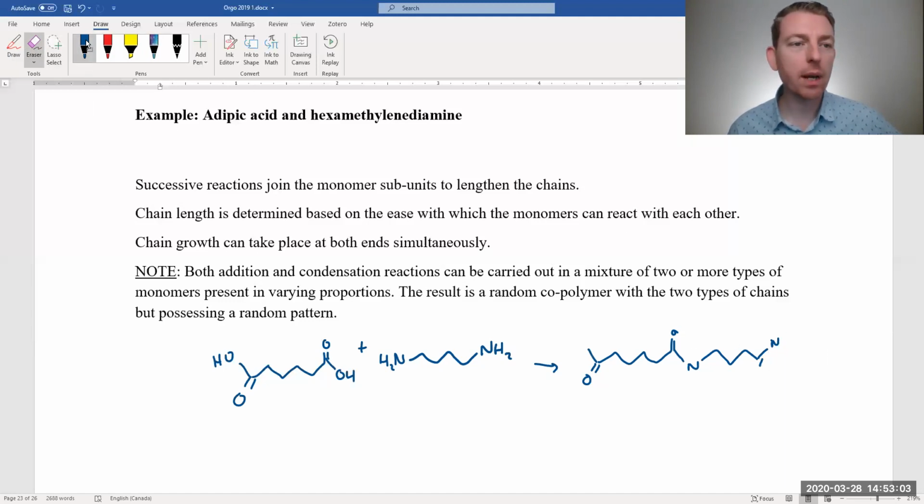And this nitrogen now will only have, I didn't draw it on there, but we'll do that right now. Still has one hydrogen on it. Okay, so it still has one hydrogen. Now it's bonding through. And that's where we're going to put our repeating unit line. Okay, because this is really what's going to repeat all the way through the structure.